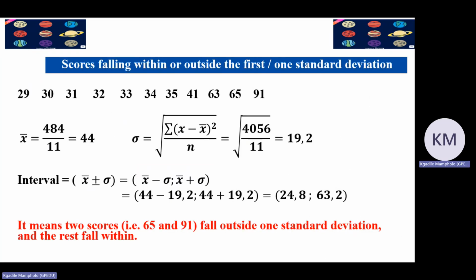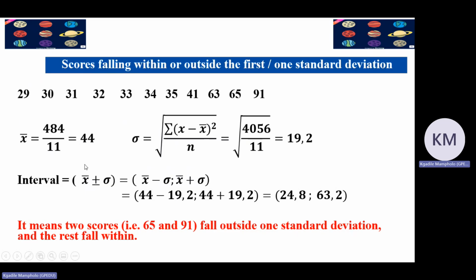Now, there's a question that they will ask at the end of the exam, where they'll ask whether there are numbers falling within or outside one standard deviation. So what you'll do is calculate the mean and calculate the standard deviation.